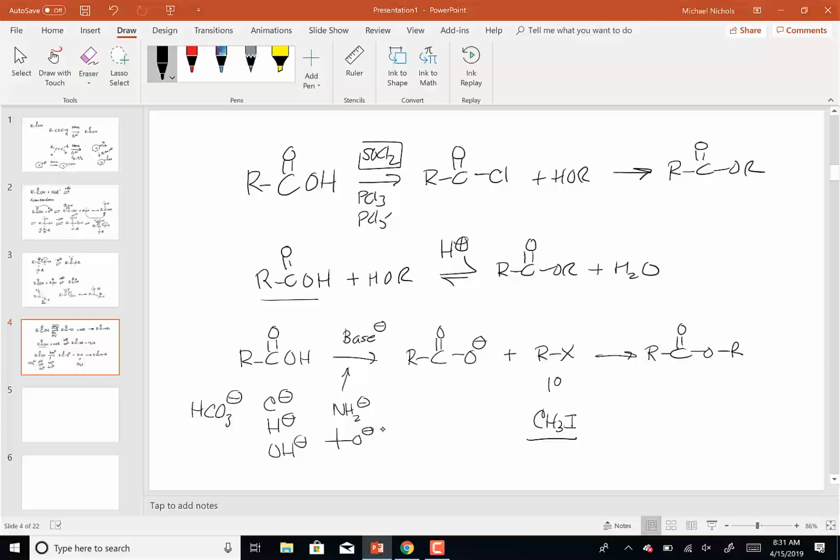The problem with these reagents is that they're not really good to use. Because if they were to get on your skin or somehow you get them in your body, they are great electrophiles and they just start methylating stuff.